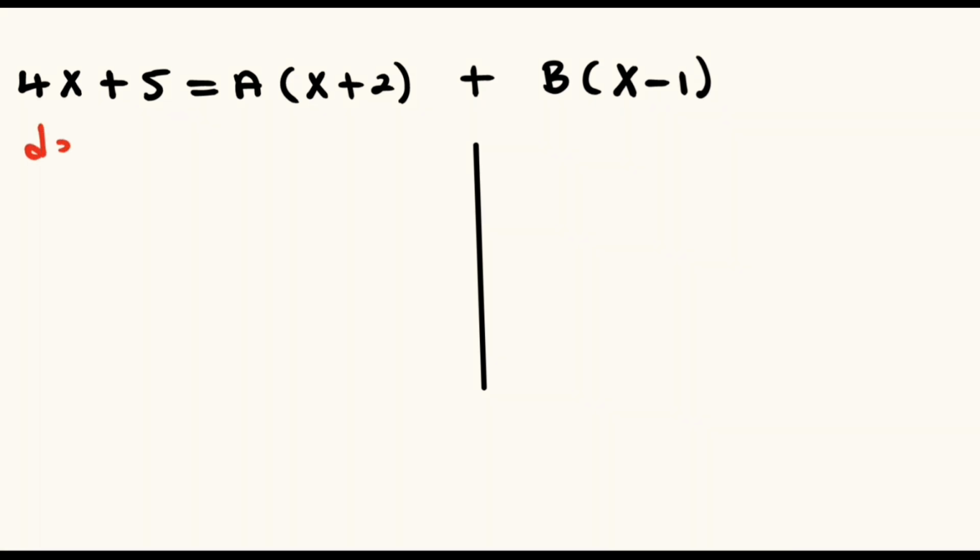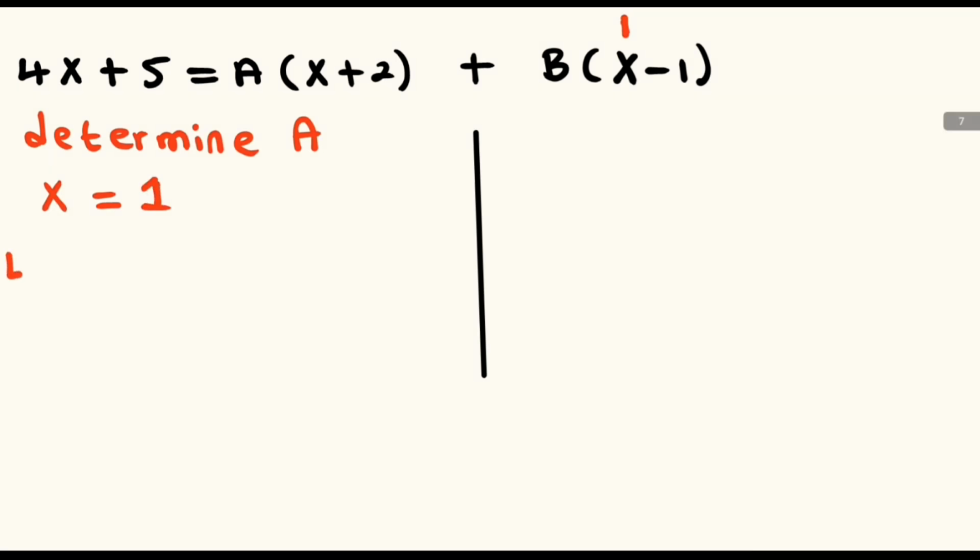We start by determining the value of a by letting x strategically be equal to 1, because you can see 1 minus 1 will be equal to 0, and 0 multiplied by b will be equal to 0, giving us a window of opportunity to determine the value of a.